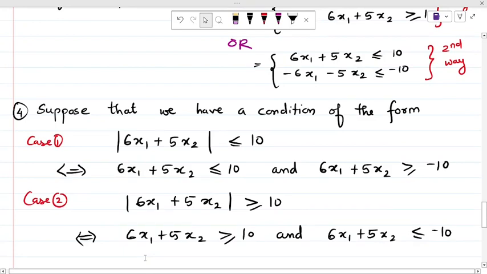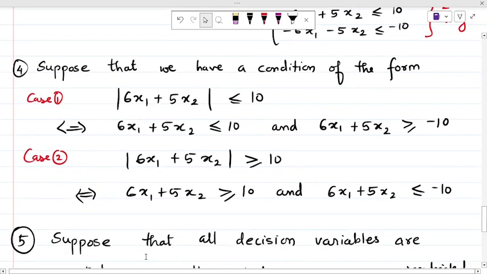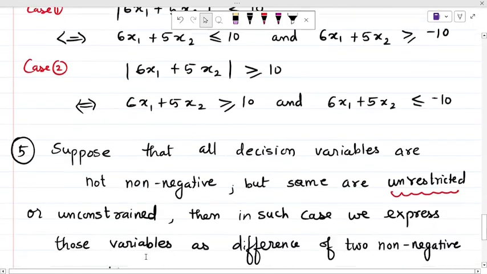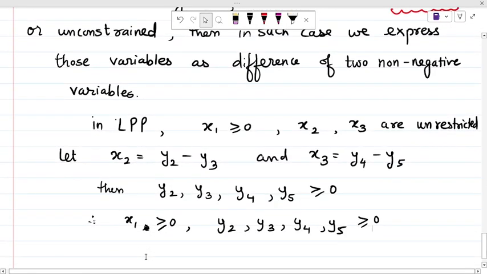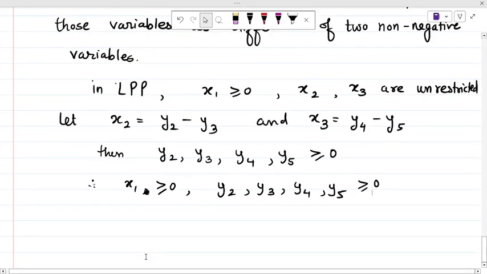There can be an absolute value also in the condition, so that we also saw here. How to handle unrestricted variables we also saw. So this is one very important thing.